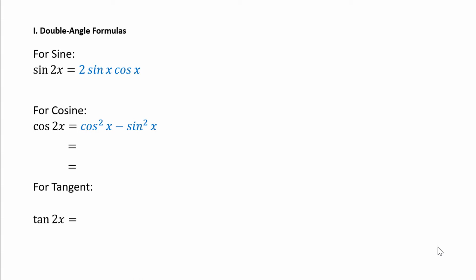It is also equal to 1 minus 2 sine squared x. And it is equal to 2 cosine squared x minus 1. For tangent, tan 2x is equal to 2 tan x divided by the quantity 1 minus tan squared x.